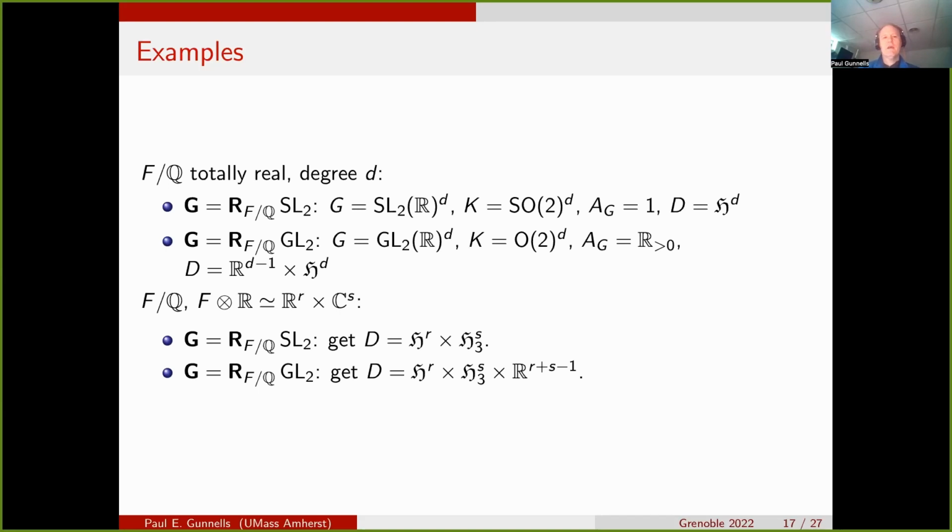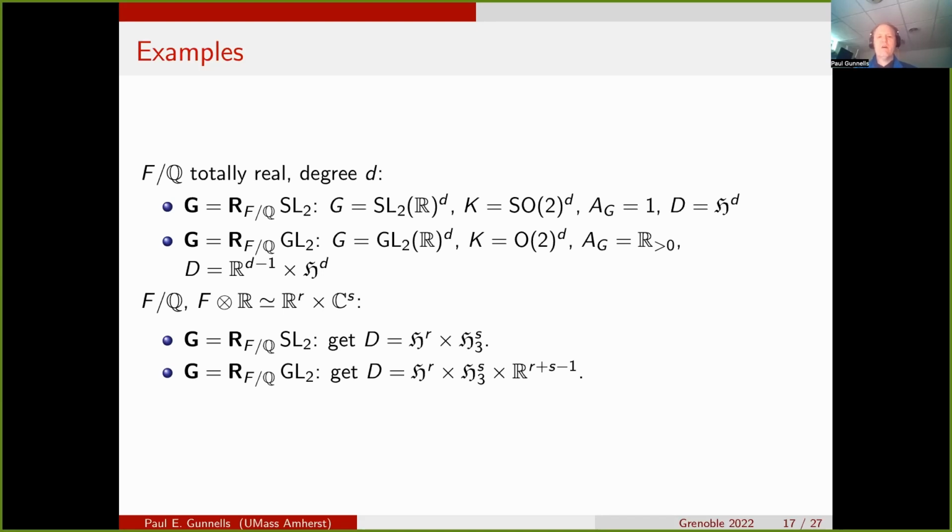The real points of that is just R cross, because you can complete it to R, but then the connected component of the identity is the things bigger than 0. So it's just a copy of R plus that you have sitting there.